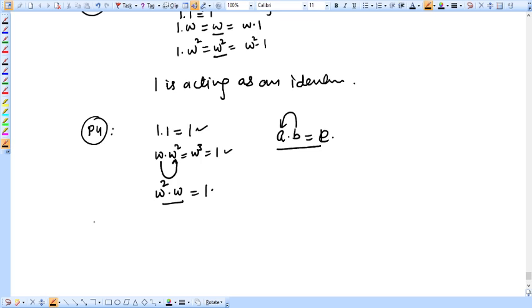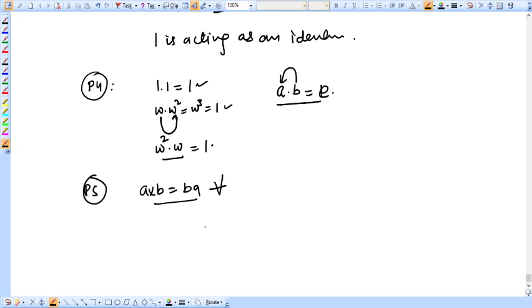Now you see the fifth property, commutative law, because we have to prove that the given set is an abelian group, right? So for the commutative law, a into b is equal to b into a for all. The commutative law is true for all complex numbers, so it must be true for the given set also, because all three numbers are also complex numbers, right?